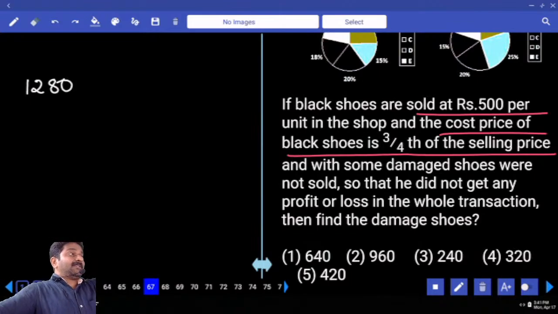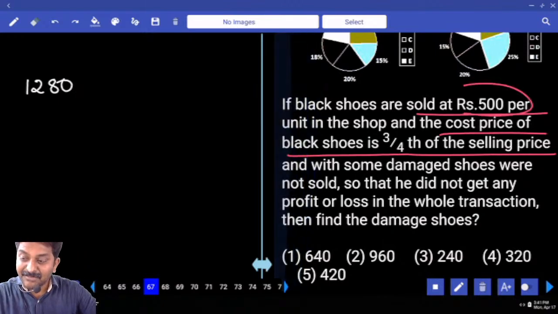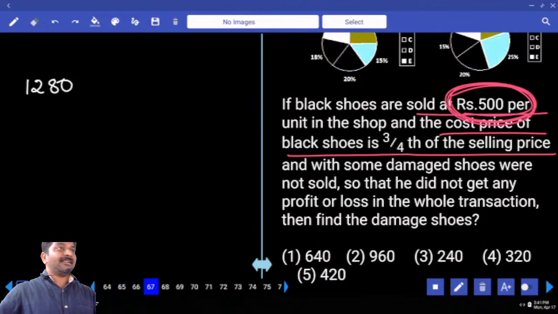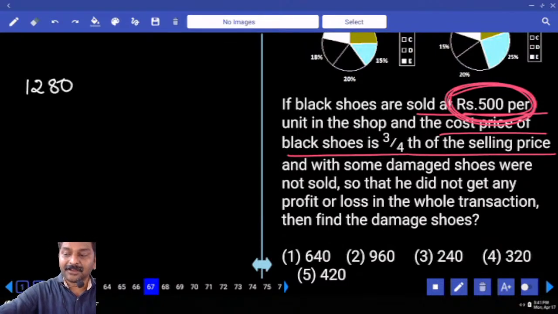Selling price is already mentioned. This 500 is the selling price only, right? So the selling price is 500 and cost price is 3/4 of it. How much is that? Half plus half... 375 per unit.